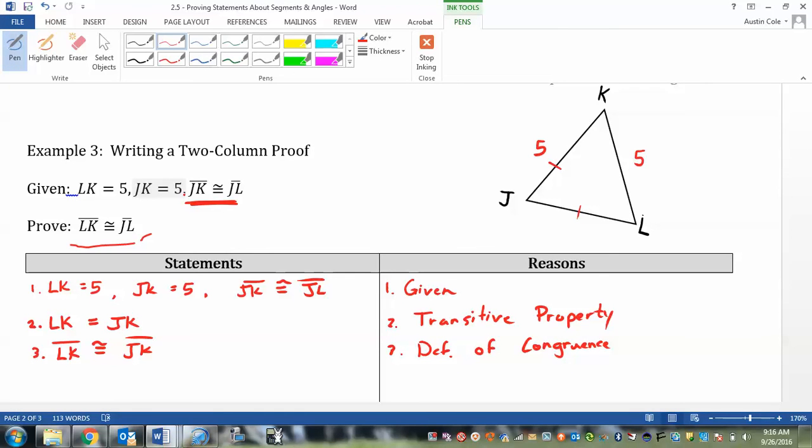And that's why we got these tick marks here. Now, how do I use this statement and this statement to make this statement? Rachel, head up, please. Thank you. How do I go from LK is congruent to JK and use JK is congruent to JL to make that statement?